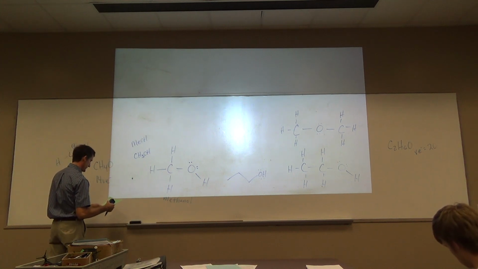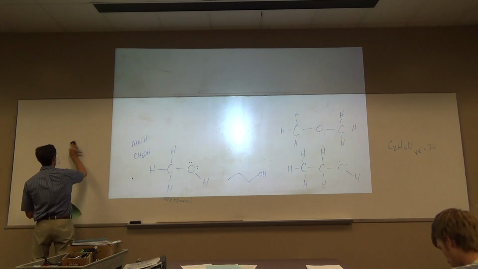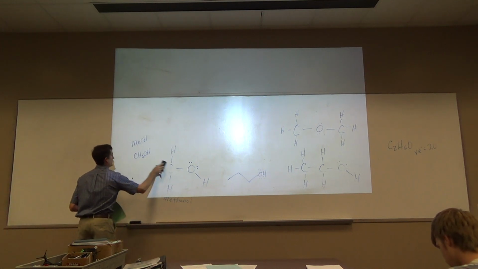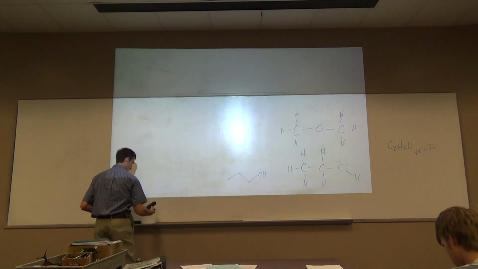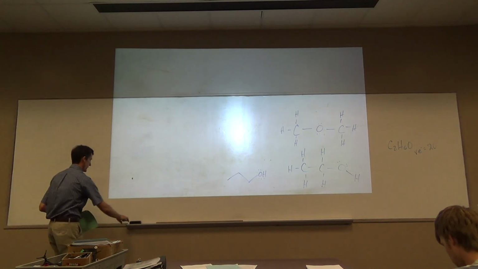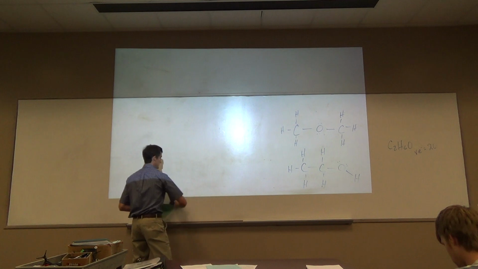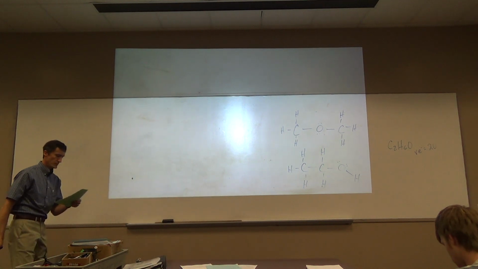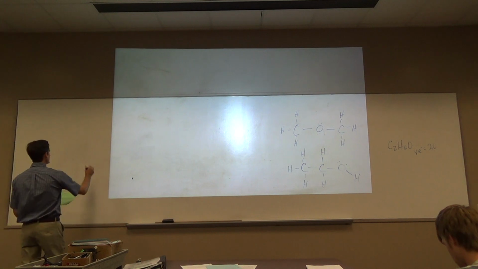Okay, double bonds. We're giving it away there. CH2O, valence electrons. CH2: carbon 4, H2 is 2, and oxygen 6, so 12 valence electrons.